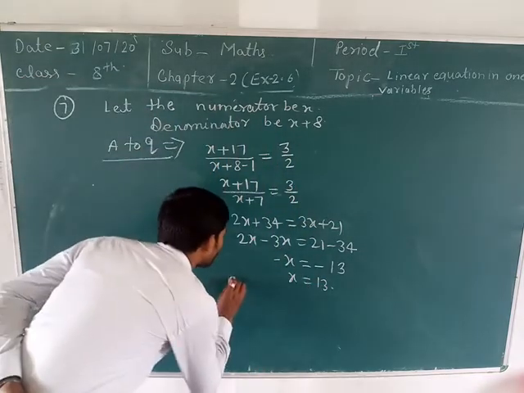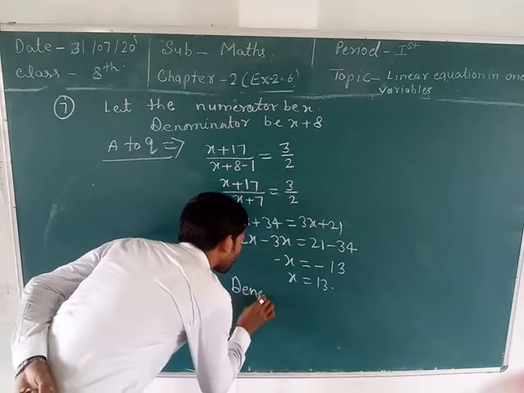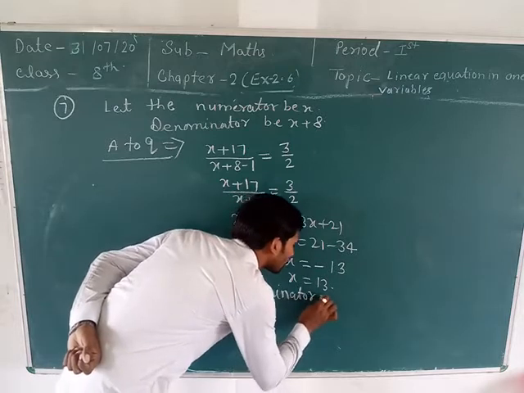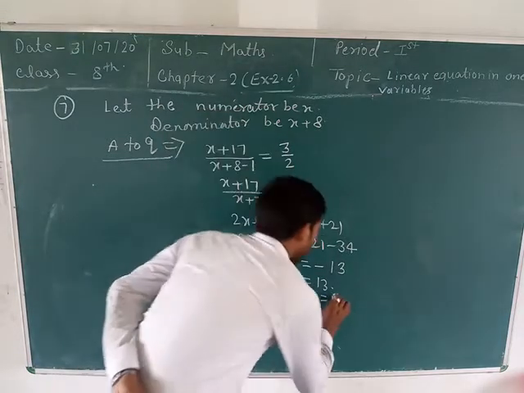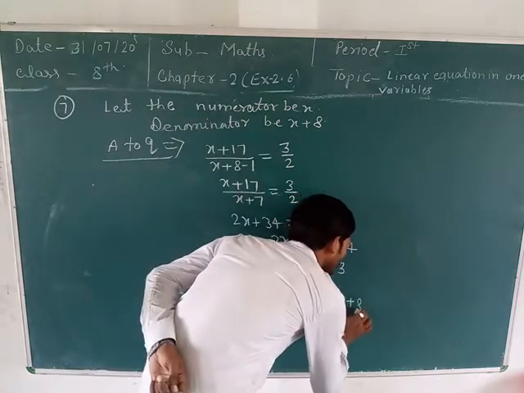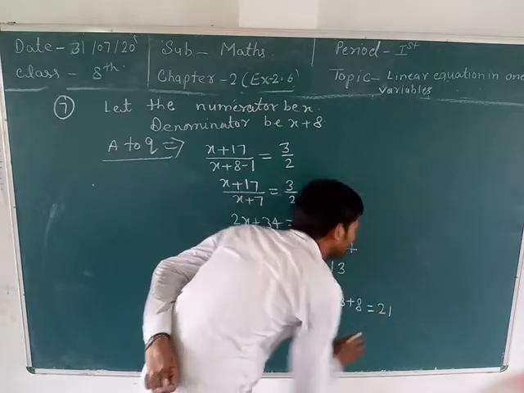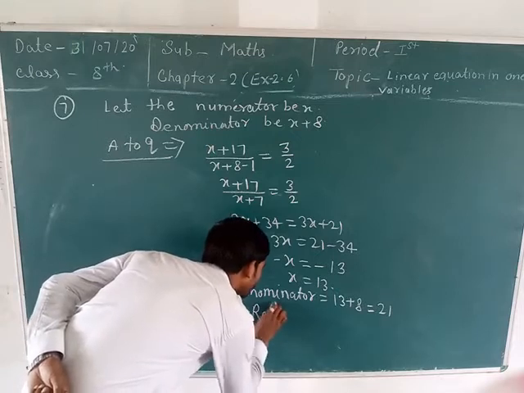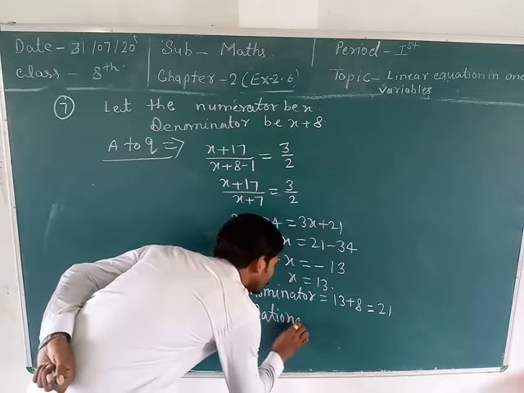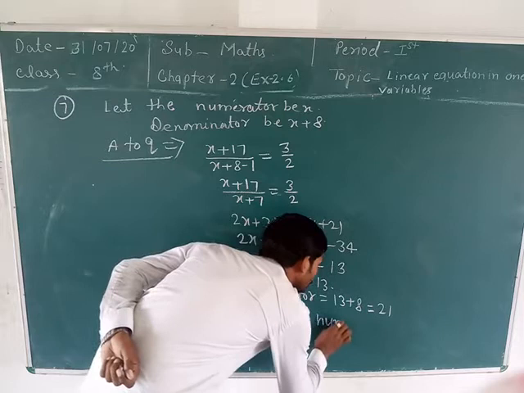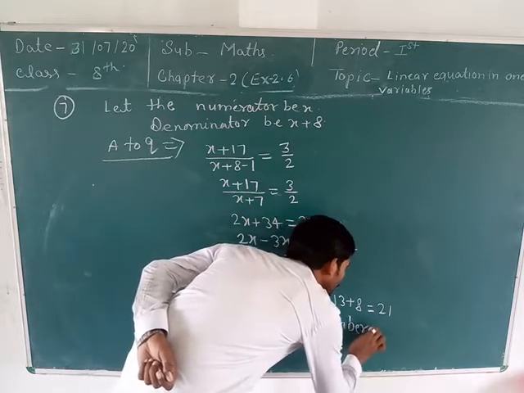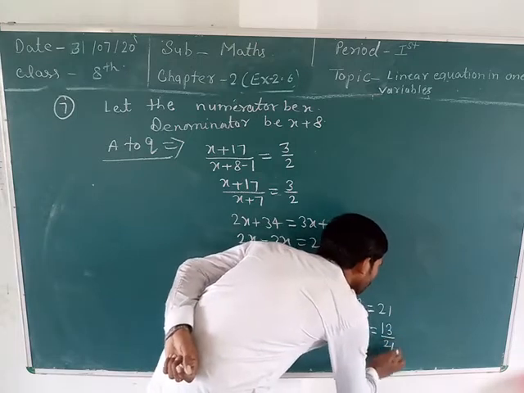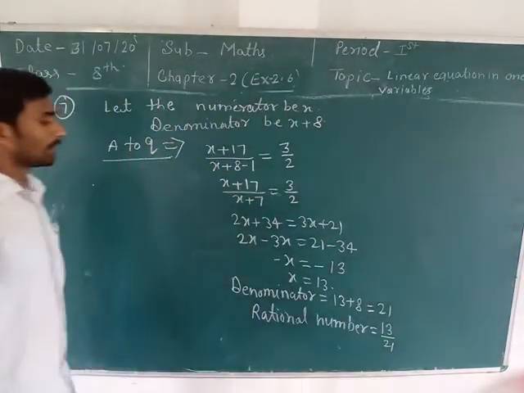Denominator equal to 13 plus 8 equal to 21, means the rational number equal to 13 upon 21. This is your answer.